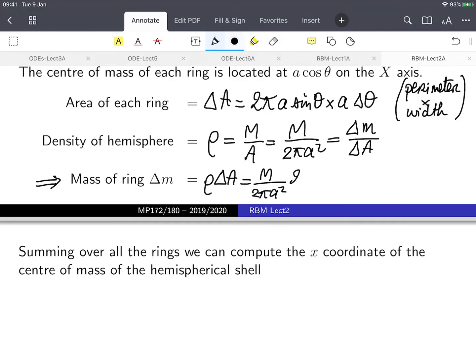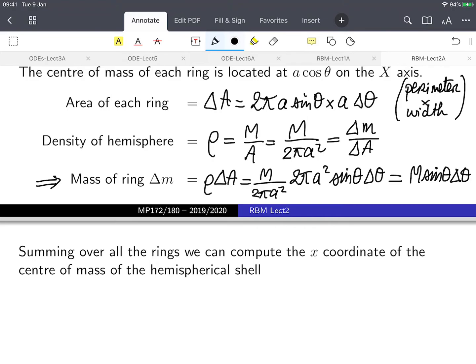Delta A, I have it above, 2 pi A squared sine theta delta theta. I just regrouped the A's here. A times A, that's A squared. These two terms cancel out, so it's actually pretty simple. I'm just left with M sine theta delta theta.